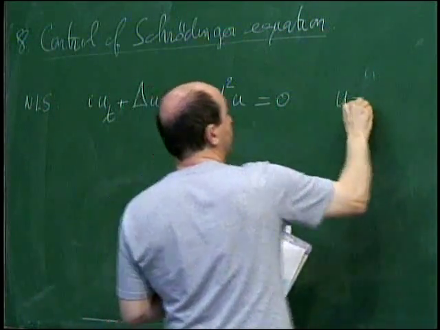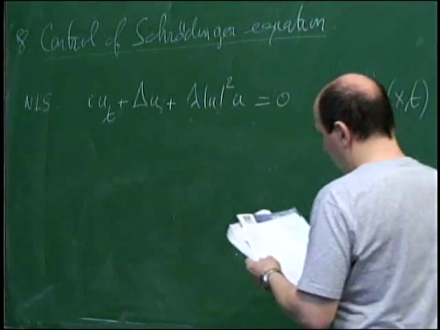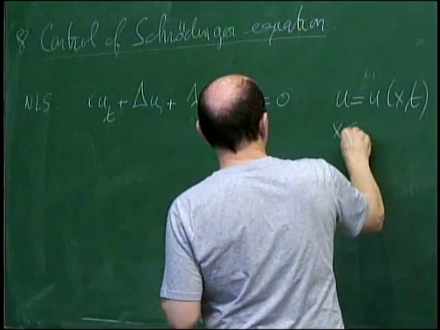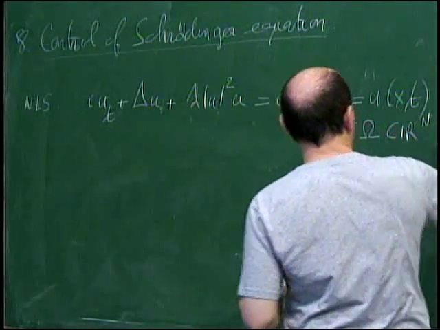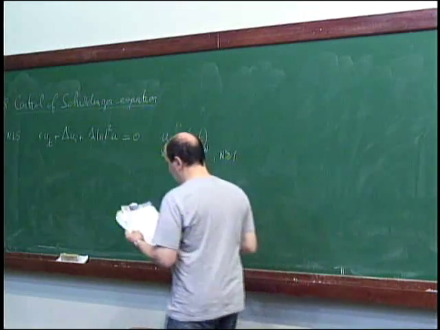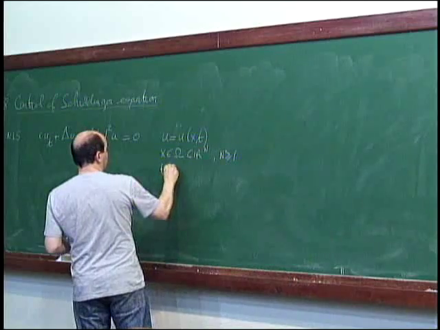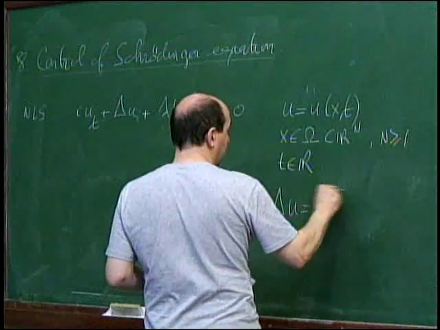So u is a function of x and t. It takes complex values. x belongs to some open set in R^n, and n is larger than 1. t, of course, is the time, and delta is, of course, the Laplacian.